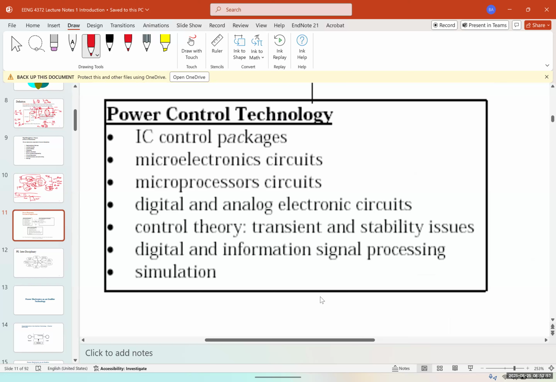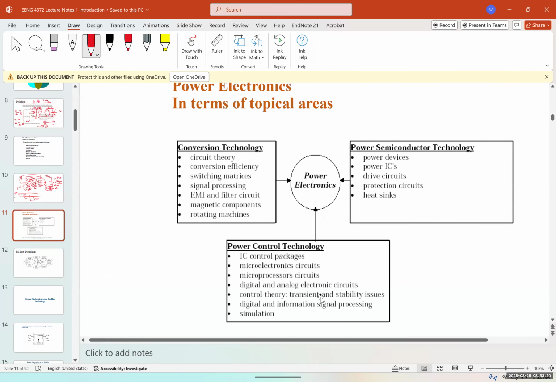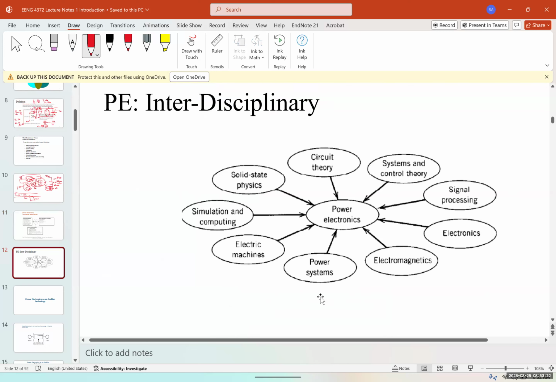And then we have the power control technology: the IC control package, microelectronic circuits, microprocessor circuits, digital and analog electronic circuits, control theory, the transient and stability issues, digital information, signal processing, and simulation. These are the different topics of power electronics.